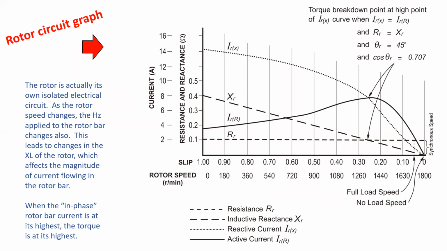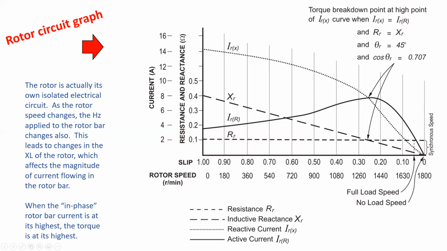And since the torque developed is directly proportional to the amount of in phase current, it means that the maximum torque or breakdown torque will always occur when the power factor of the rotor is at 0.707, which is where the XL or out of phase current is at its lowest value when compared to the IR or in phase current.